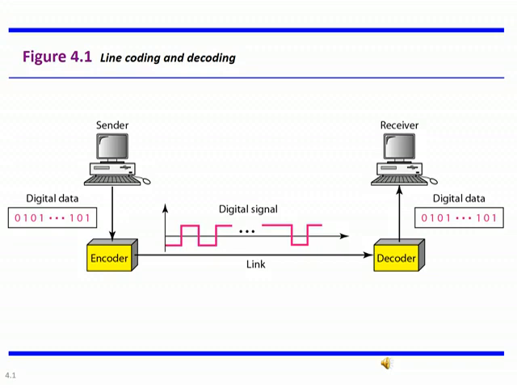The encoder and the decoder are connected by a link. The encoder is interfaced with the sender, so from the sender computer to the encoder, digital data are flowing. From the encoder to the decoder is connected by the link. On the link, digital signals are flowing, and after the decoder, the digital signals are converted back to digital data, and then connected to the receiver. So this is the line coding and decoding figure.